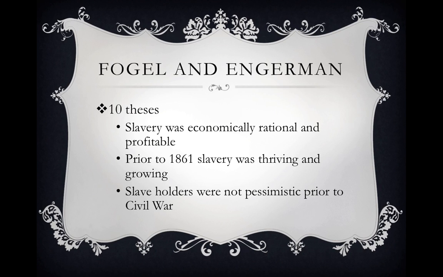Under a system where you could not import slaves anymore, the only increase in slave population was through natural increase, so the demand for slaves was increasing faster than the supply, which was driving the price up. They also make the argument that slaveholders were not pessimistic, that individuals in the South were very optimistic about the plantation system and its continued success moving forward prior to the Civil War.